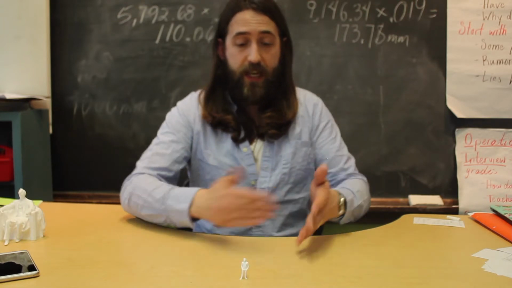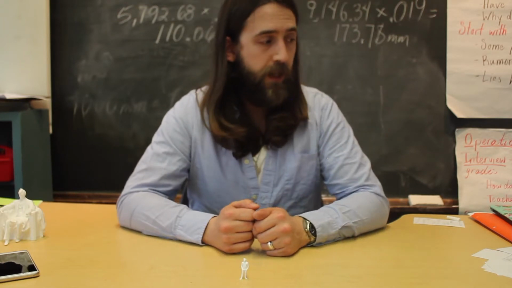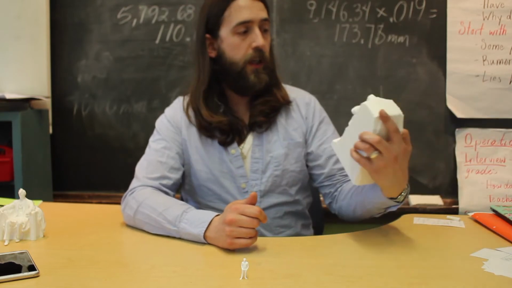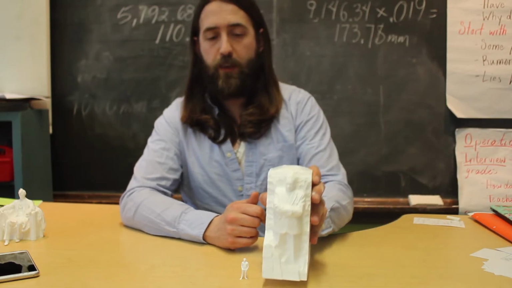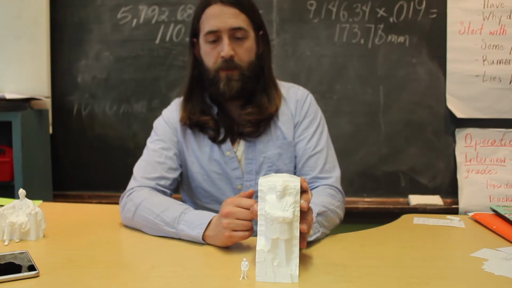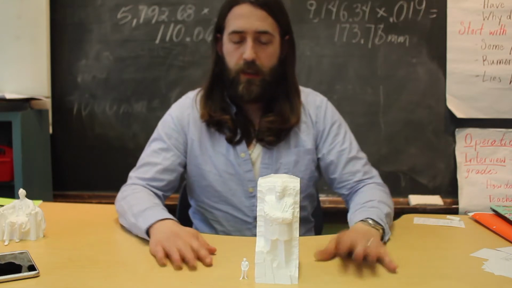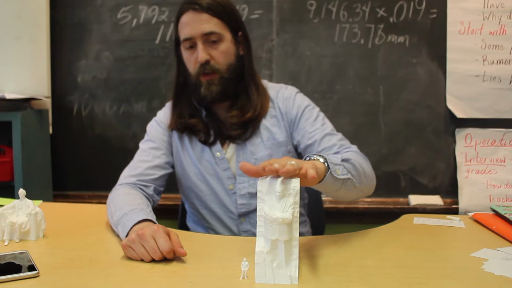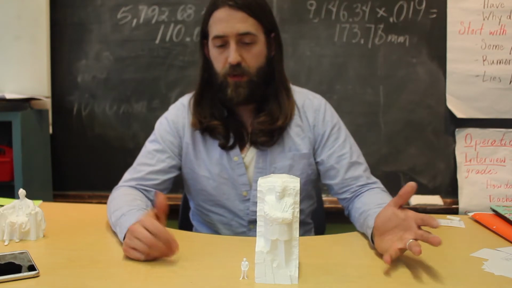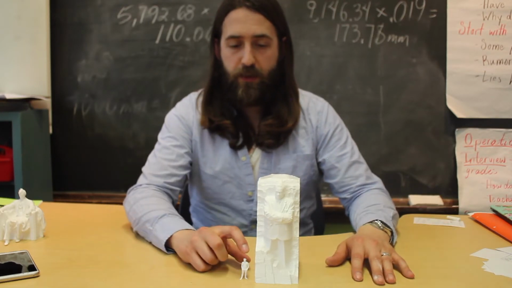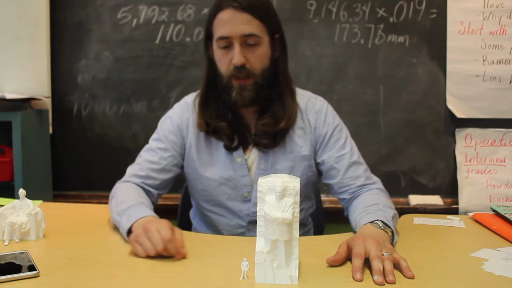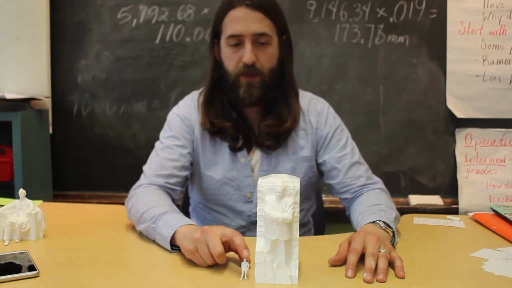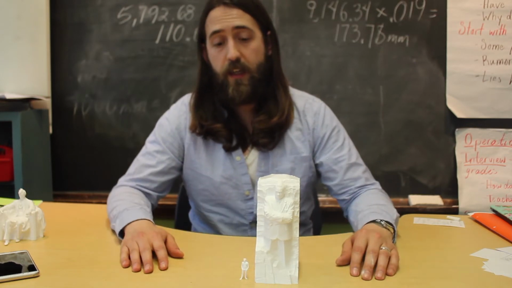I have casual mail here from before, and now I can compare it to my printed out Martin Luther King Memorial. If we look, we have our 6-foot tall person, and we have our 30-foot tall statue. Roughly speaking, if I stacked about 5 of them, this should be about 1/5 the size of the total statue.